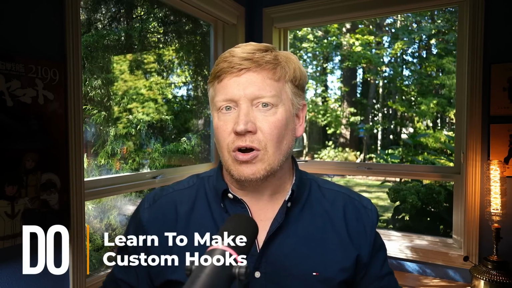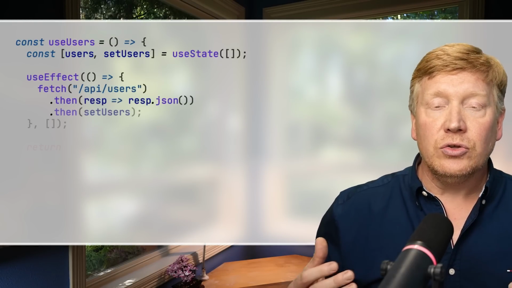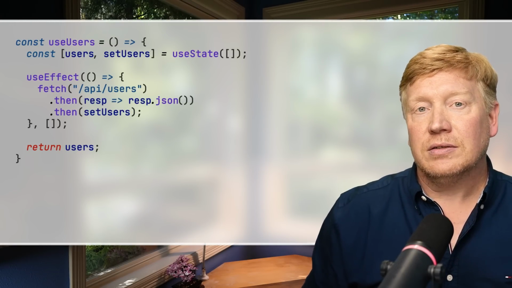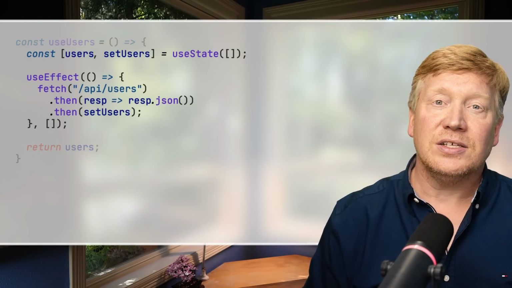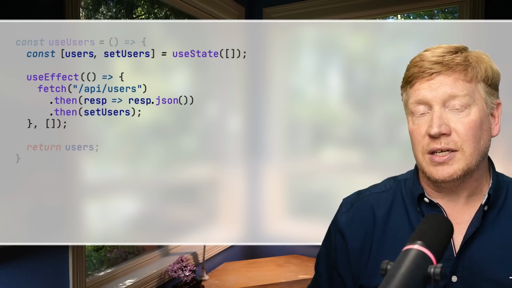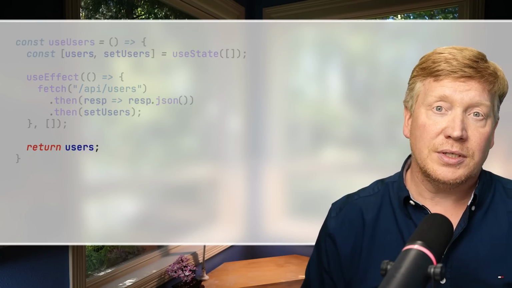So custom hooks are collections of hooks gathered together as a function that accomplishes a specific task. And we are well on our way to making one of those over in our user list component, where we have our useState and our useEffect that work together to fetch data from that API and store it locally. So let's go and create our user list custom hook that has that useState and that useEffect in it, and then just return out the users.